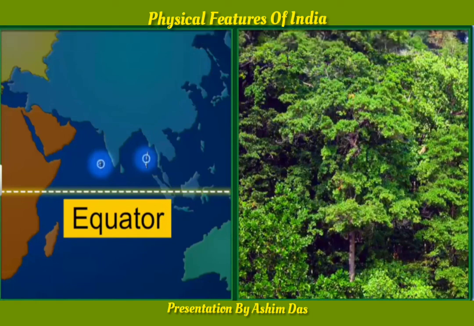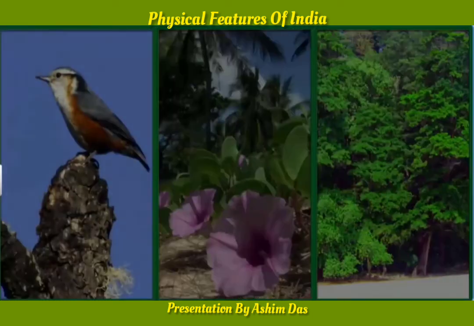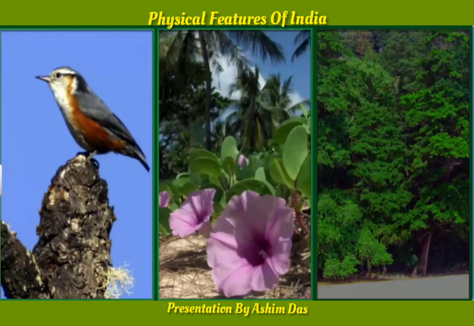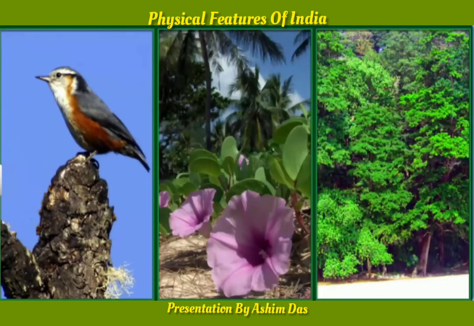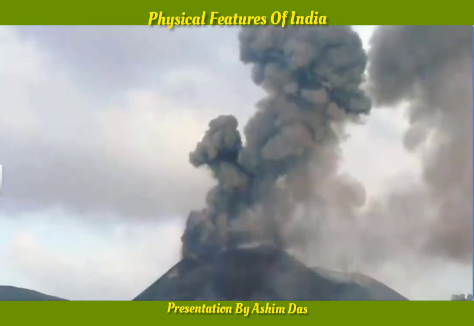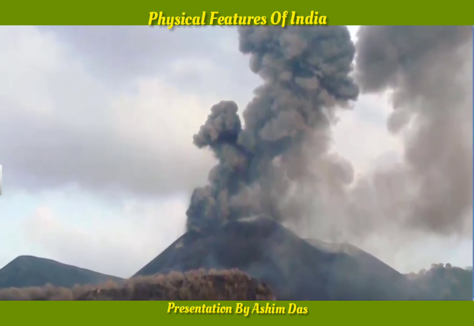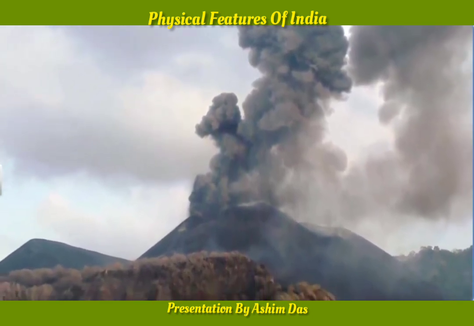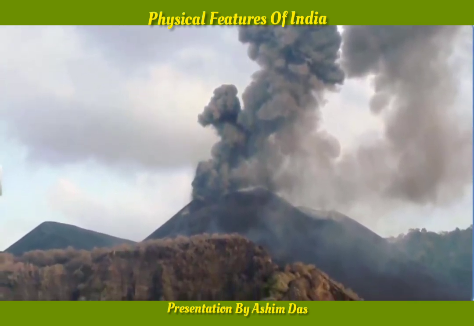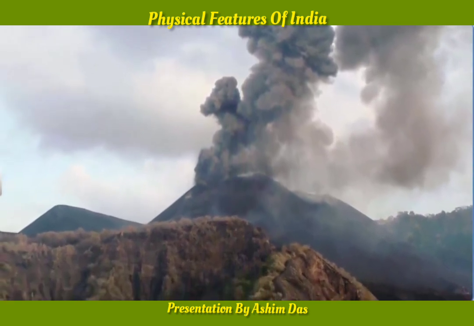Thus, like the Lakshadweep Islands, these islands display great diversity of flora and fauna as well. The most interesting feature of the Andaman and Nicobar Islands is that they house India's only active volcano. This volcano is located on the barren island.